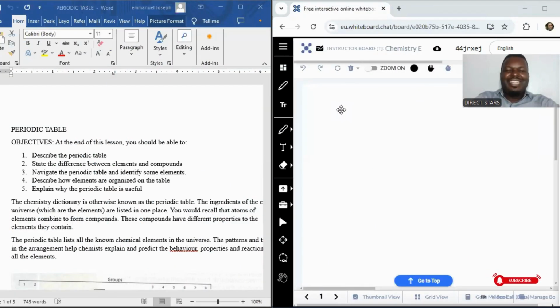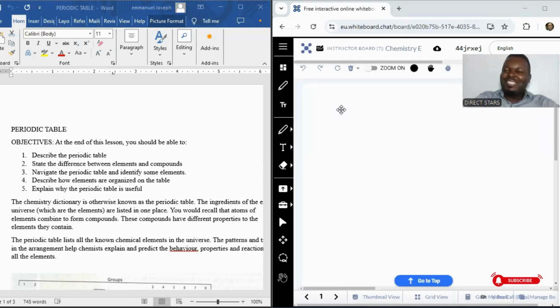We are here today again to look at a very fascinating topic known as the periodic table. Last time we met, we talked about the atomic model and atomic structure.